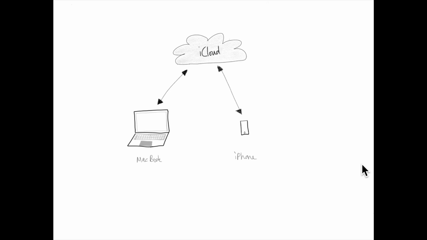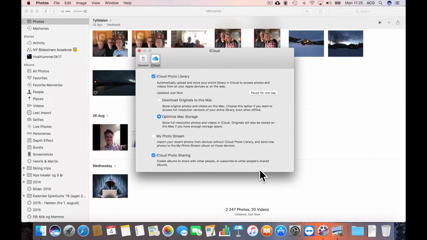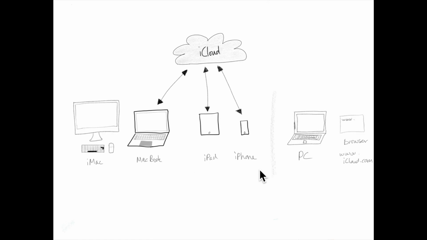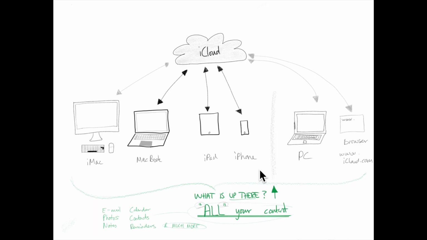And then if you have a MacBook with iCloud set up, all the photos will be downloaded to your Mac and then put in the Photos application. Then when you have an iPad, you can access the same photos there, and you can do the same with your iMac, and with your PC, you can access them from a folder or iCloud.com. So it's not only your photos, it's also email, notes, calendar, contacts, reminders, and a lot more.